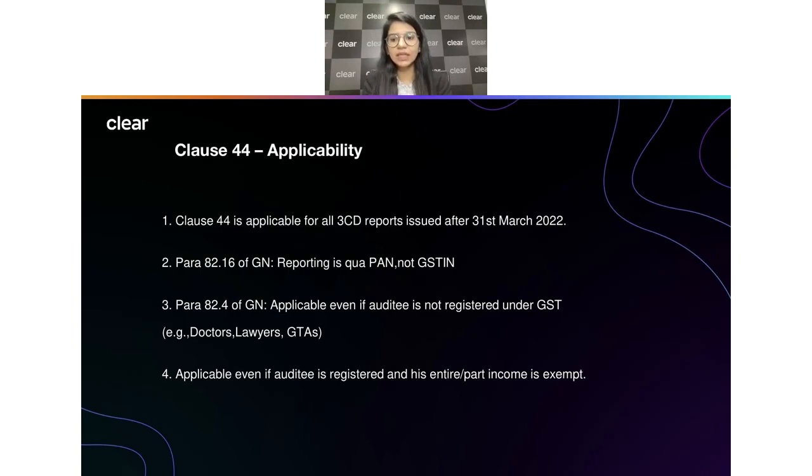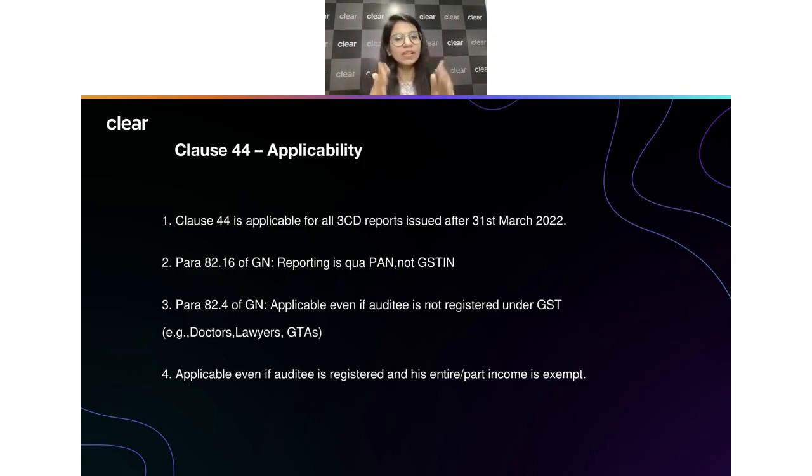So it's not about a particular financial year. If we talk about FY 21-22, the tax audit report will always be furnished after 31st March 2022. If it is going to be furnished after 31st March 2022, it means that in this 3CD form, especially clause 44, we have to furnish that information while we file the tax audit report for FY 21-22.